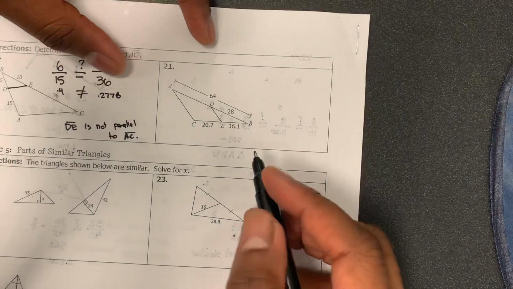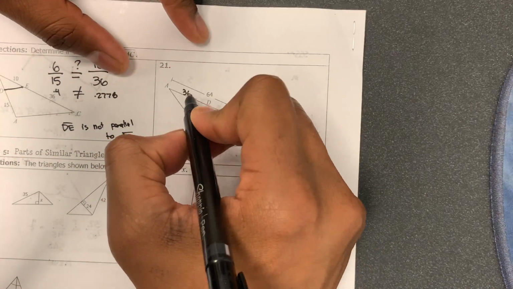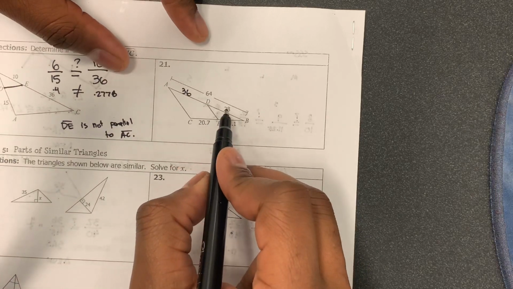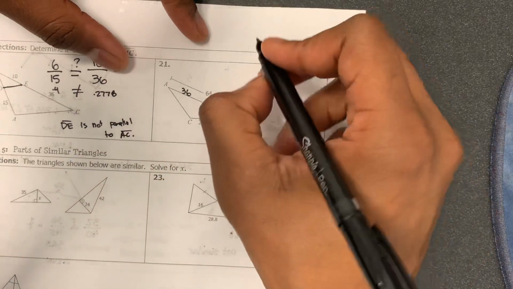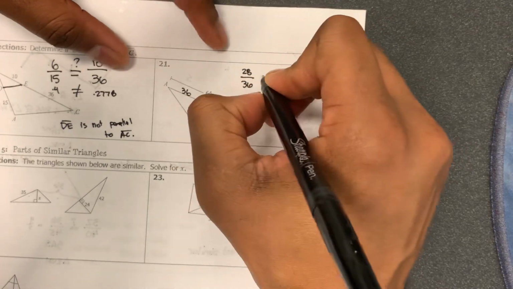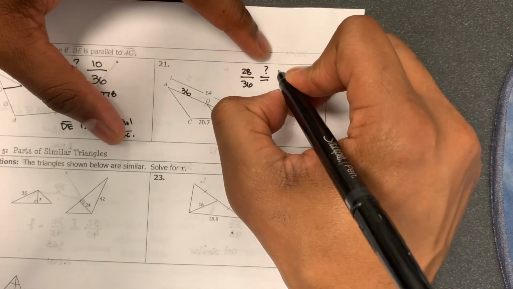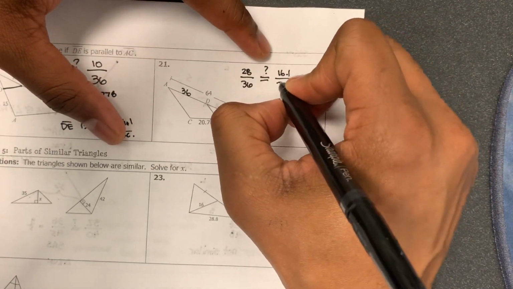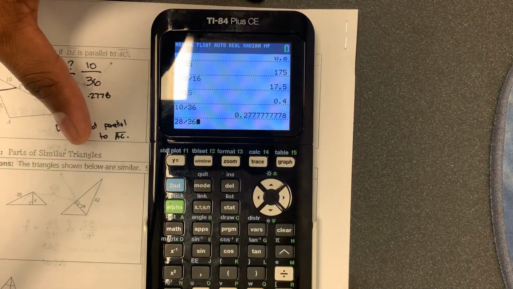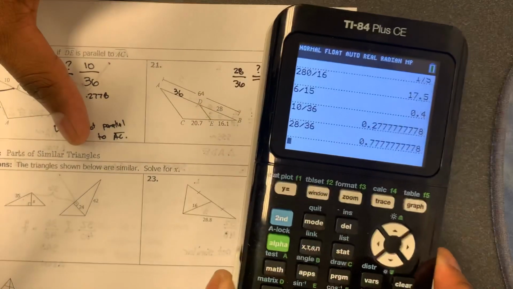For number 21, similar kind of setup, we know segment AD should be 36 because the entire segment is 64. 64 minus 28 is going to give us 36. So we need to check, is 28 over 36 equal to 16.1 over 20.7? 28 divided by 36 is 0.7778.